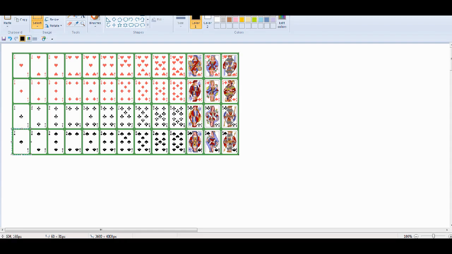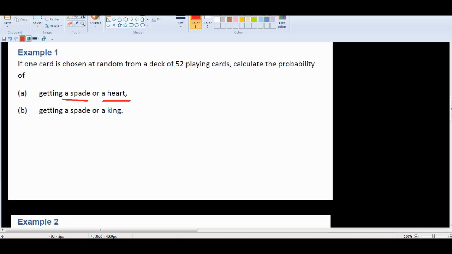Heart means the first row. Okay, so heart and spade, they can't happen together, right? They can't happen at the same time. So let's say this is event A, this is event B. So for these two events, they are mutually exclusive, alright?